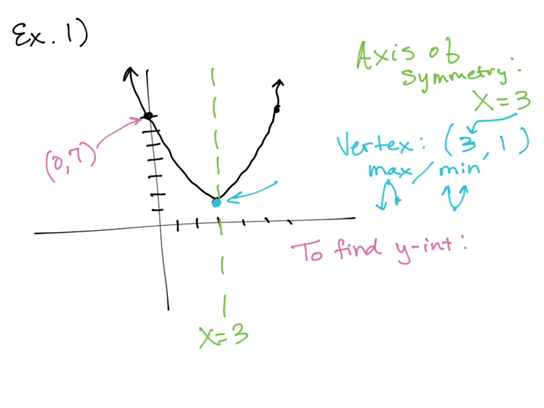How do we locate the y-intercept? Plug in 0 for x. So your y-intercept is always going to be found at f of 0, comma something. Sometimes 0. Could be the origin. Okay, so to find the y-intercept, that's how we do.